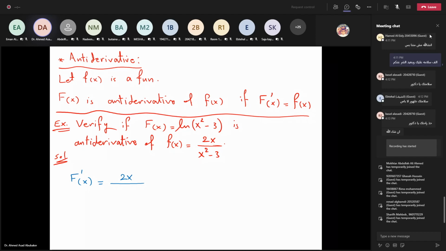In the denominator, the same inside of the ln. And this is equal to f small. So we can conclude F capital of x is the antiderivative of f of x. Okay.